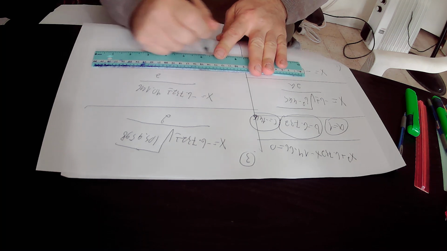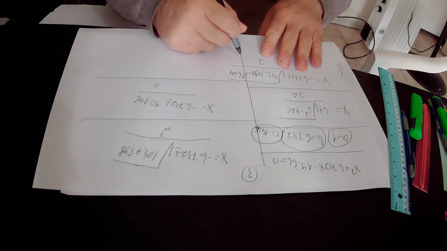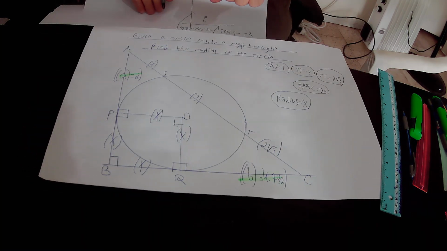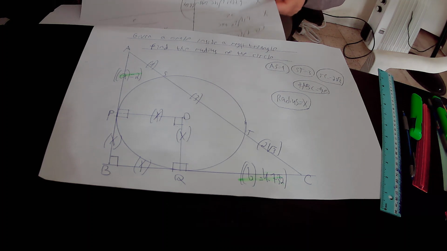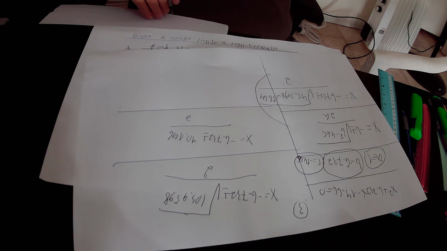One is a positive solution and the second one is a negative solution. But because x, according to our definition, is the radius of this circle, and the radius is a length, and a length must be a positive number, the negative solution for x is irrelevant.